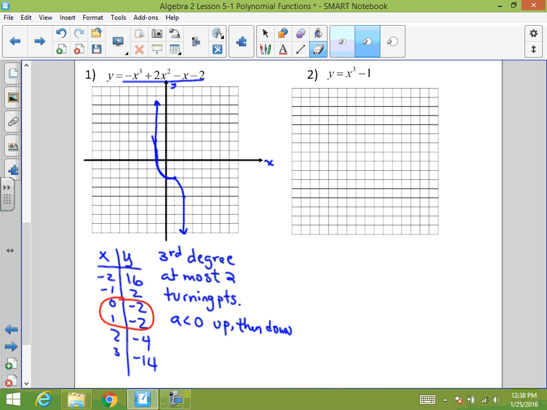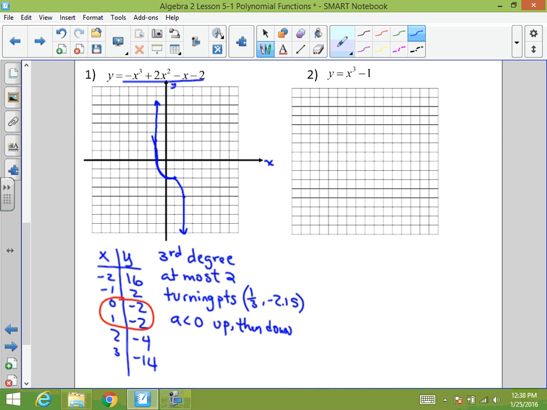And if we do that, we find that it is at, looks like, 1/3, and negative 2.15. Okay, so my turning points then are at 1/3, and negative 2.15. That's one turning point.